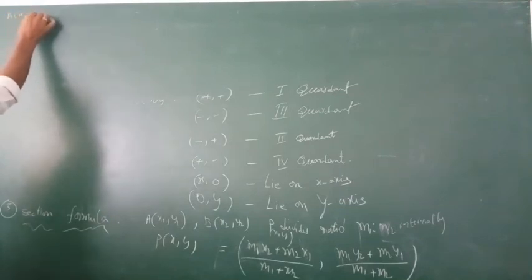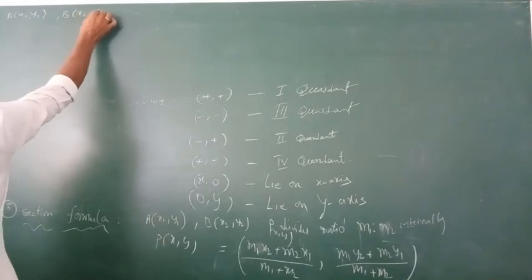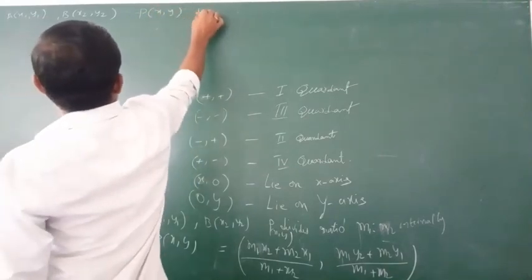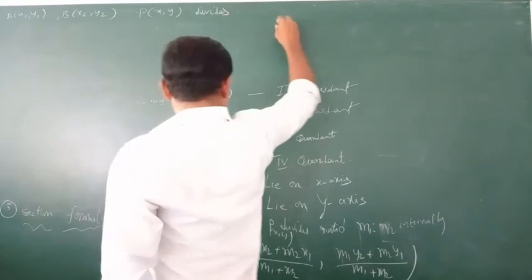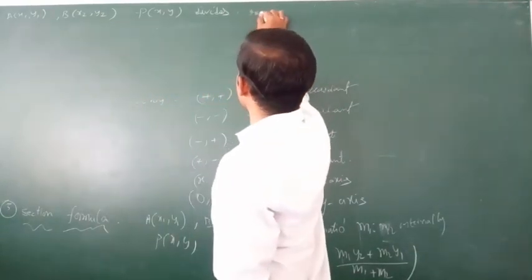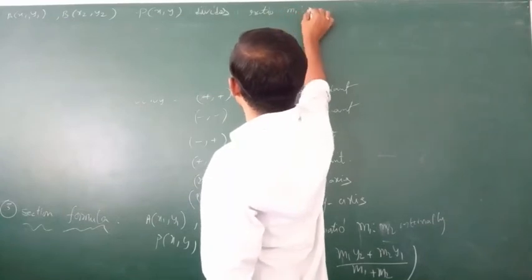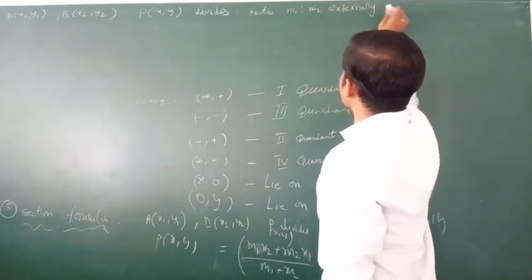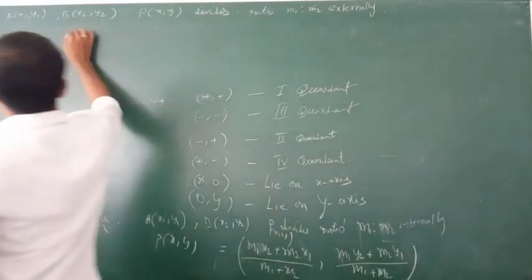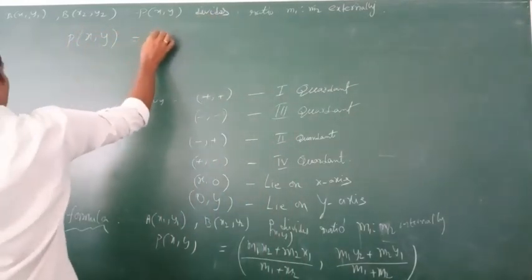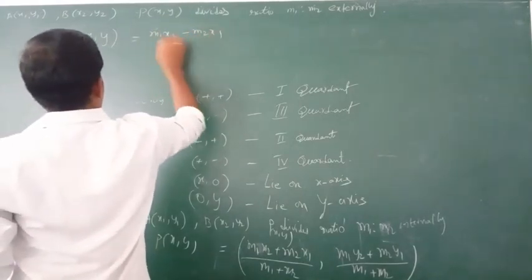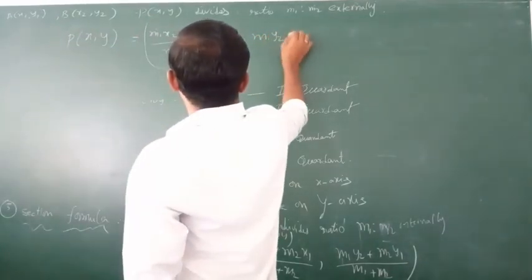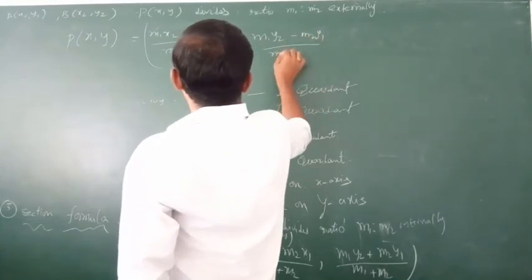A (x1, y1), B (x2, y2), P (x, y) divides in the ratio m1 is to m2 externally, then the coordinates of P are (m1 x2 minus m2 x1) by (m1 minus m2), and (m1 y2 minus m2 y1) by (m1 minus m2).